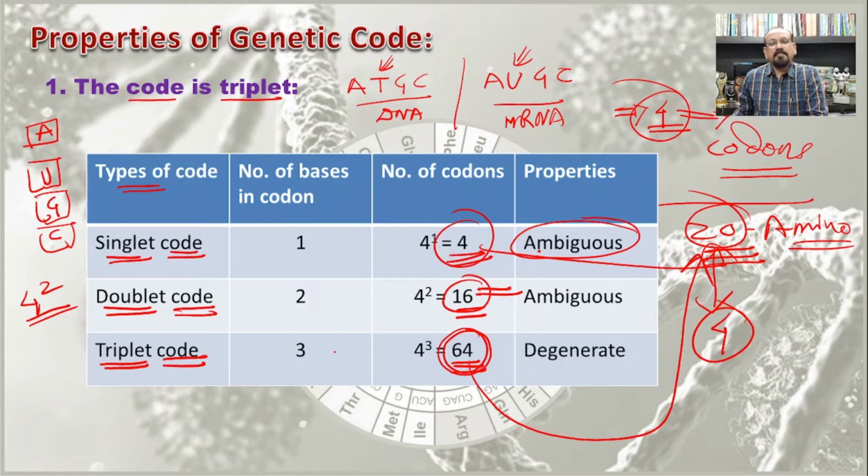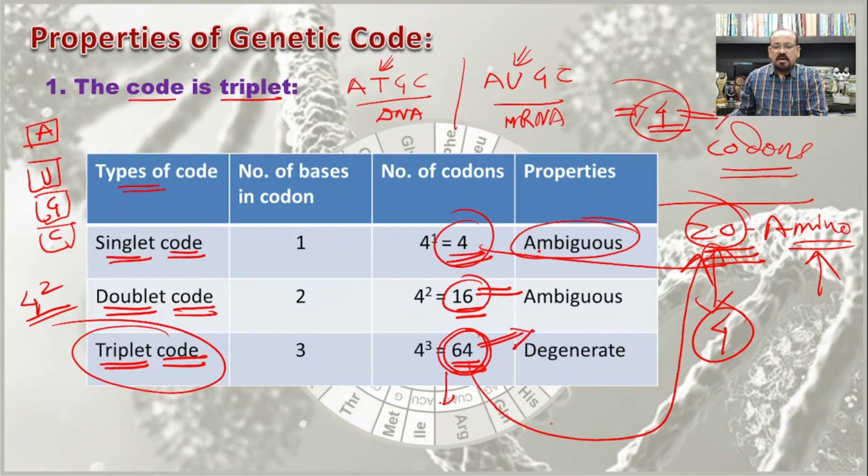This is the mathematical reasoning, but later on it was experimentally proved that 3 nitrogen bases are responsible for the formation of one codon. It means that the code is triplet and not singlet or doublet. So in such a system, the 20 amino acids will be specified by 64 codons.